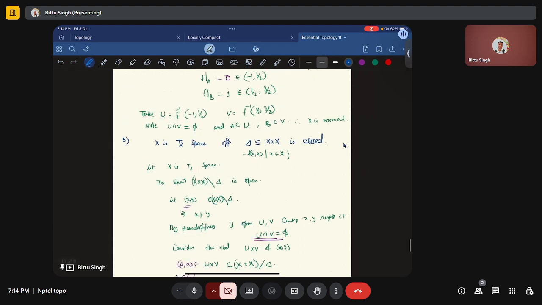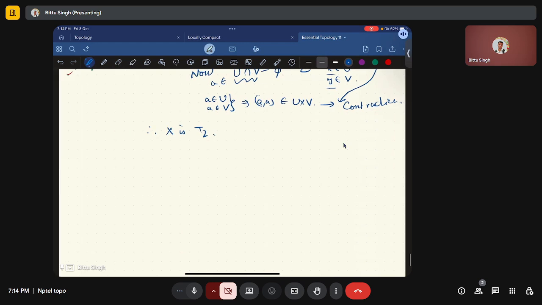So this is one of the characterizations of Hausdorffness, and moreover, we can prove using this fact that the graph (x, f(x)) contained in X cross Y is closed.